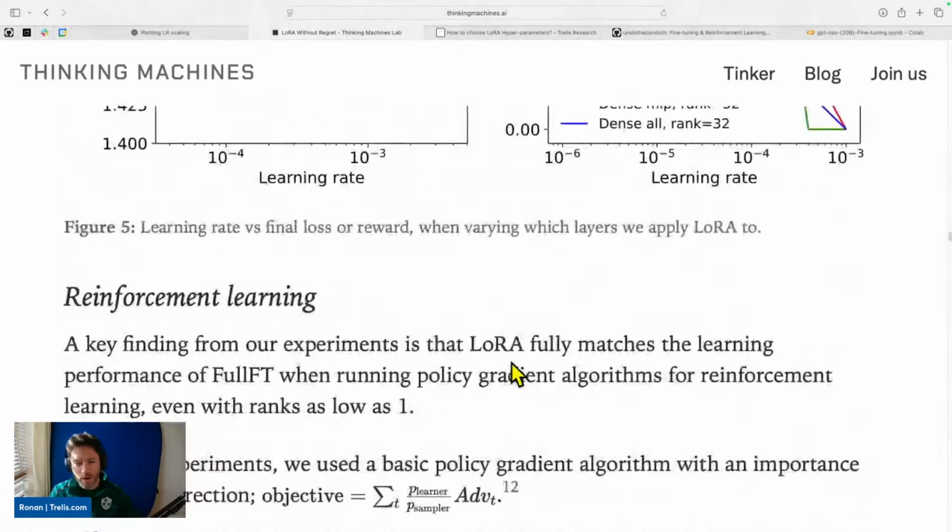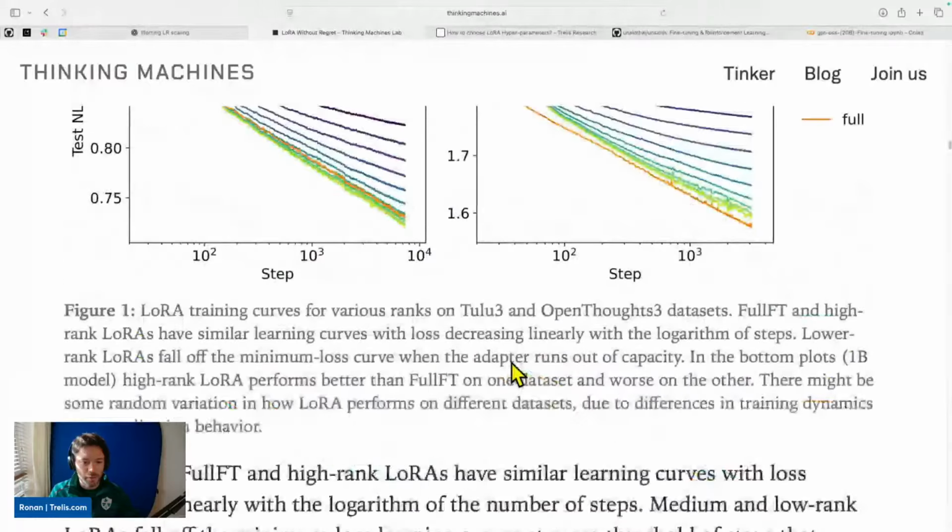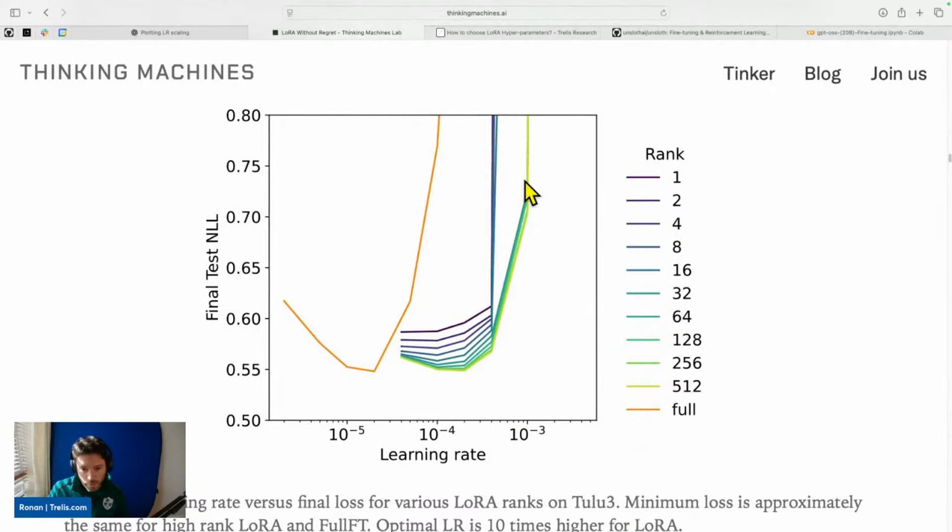Maybe I'll just stay with the graph because you'll go back and look at the video later. But this learning rate here, this is not actually what the adapters are seeing. This is what the main parameters would be seeing if you were tuning them without any LoRA.